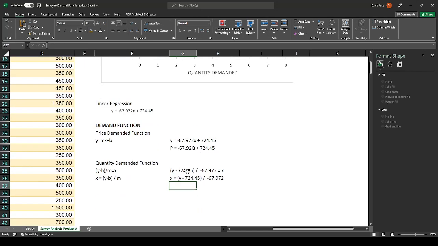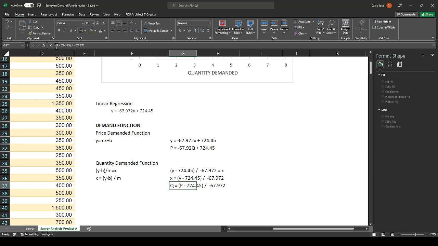Since again this is not yet economics, this is much more real math, we have to convert the x into quantity and the y into price. With that said, let's just copy and then place the y into p, and then quantity demanded is equal to x. There we have it.